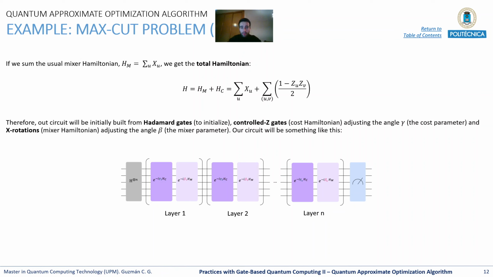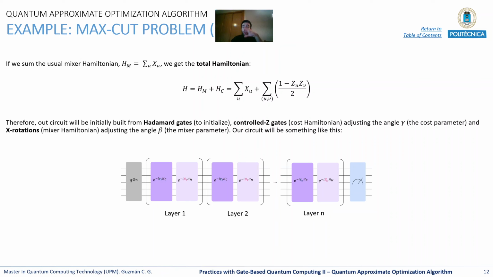We have X gates, we have Z gate combination, so probably controlled. And we will start, of course, by making the superposition of all these states. So our circuit will be, initially, we can think about it, building it from Hadamard gates, always to initialize the system.